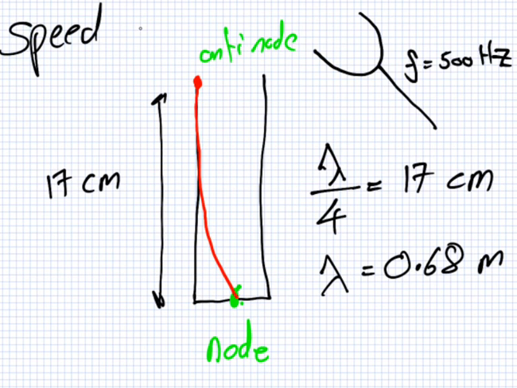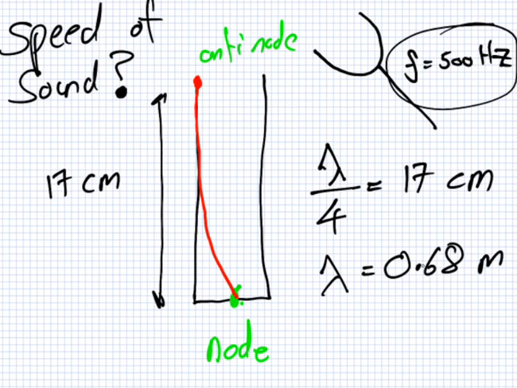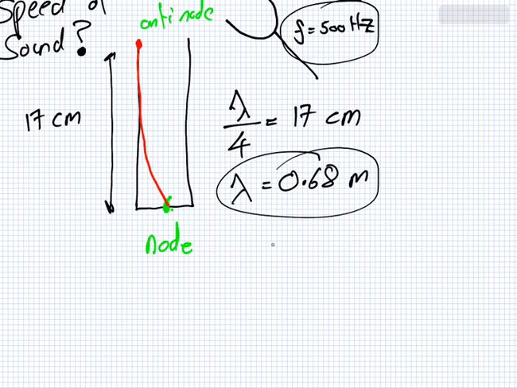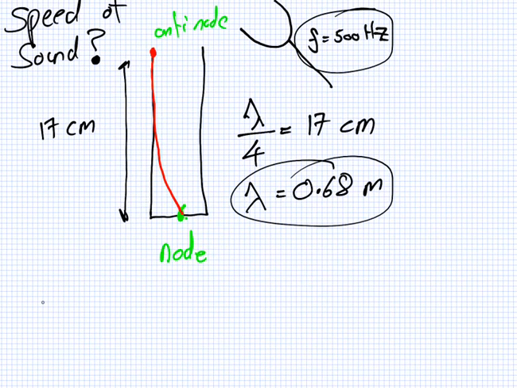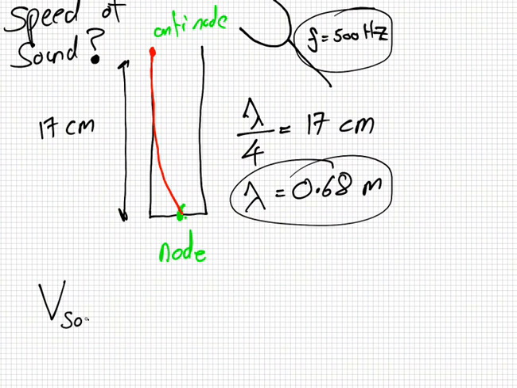So if I draw my wave, this is what the first wave looks like. How much of a wavelength is this? It's less. It's only a quarter, because if I zoom out a bit, the wave would still have to go down and then down again and back up to here.